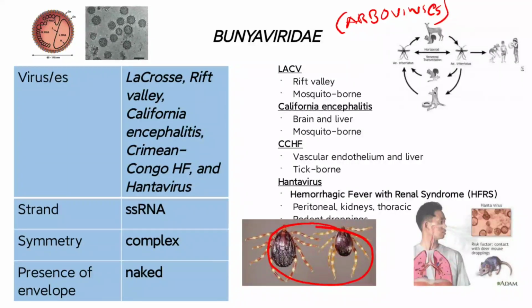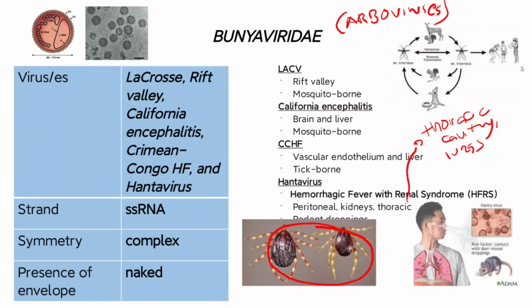Okay? Ni-infect niya yung peritoneal, yung kidneys, yung thoracic cavity, and lungs. No? So, yan yung mga in-infect niya. Again, hantavirus, hemorrhagic fever with renal syndrome, peritoneal, kidneys, thoracic cavity, and lungs.